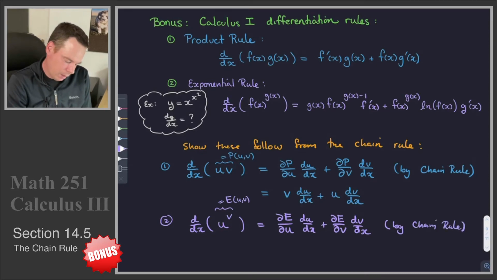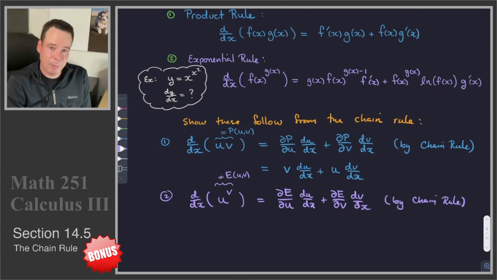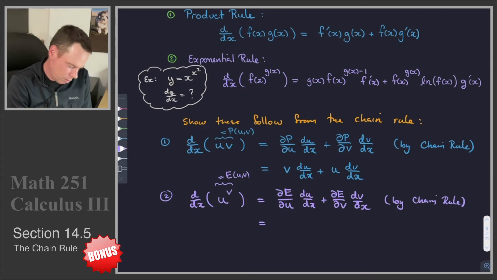And now we can go ahead and use the fact that capital E of uv is this specific function, u raised to the power of v. So what is dE du? What is that partial derivative? There we're looking at u to the power of v, where I'm treating u as the variable and v as the constant.